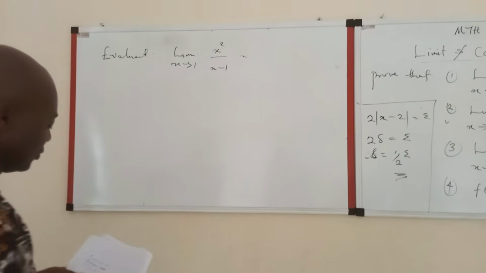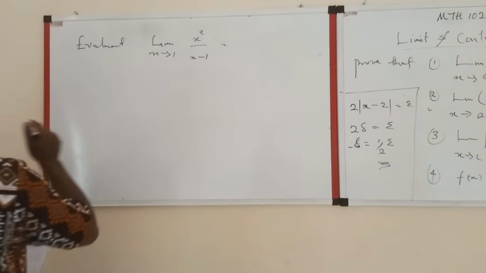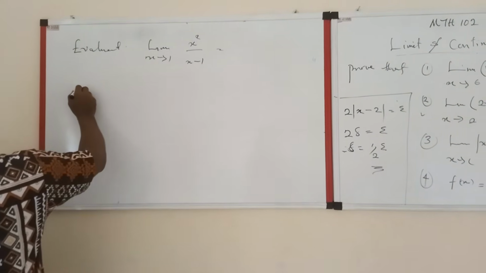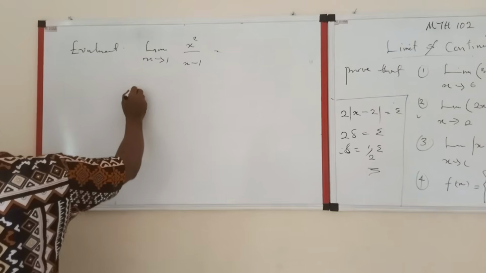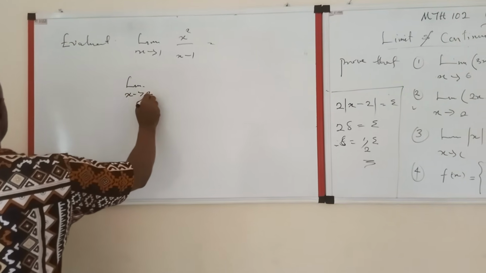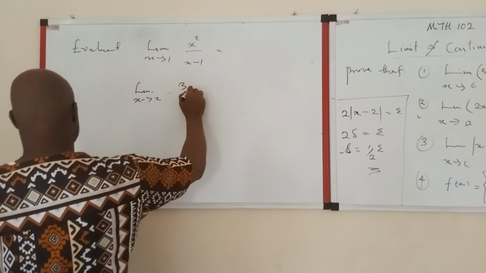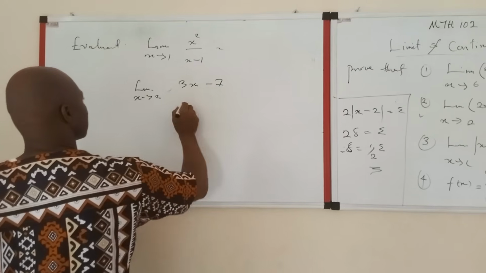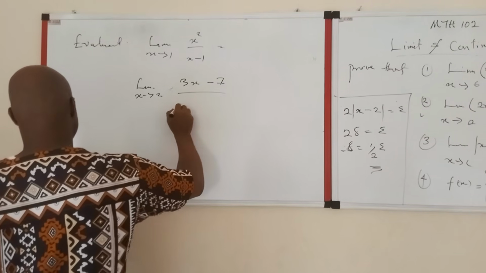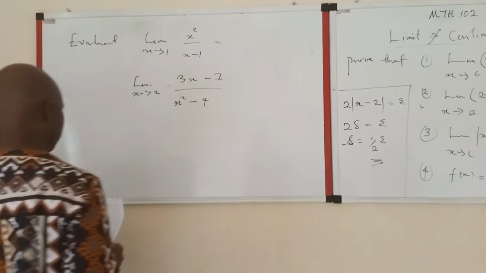Evaluate it. Now, I'm saying also evaluate this other one, the limit of the function as x tends to 2 of 3x minus 7 all over x squared minus 4. Evaluate that.